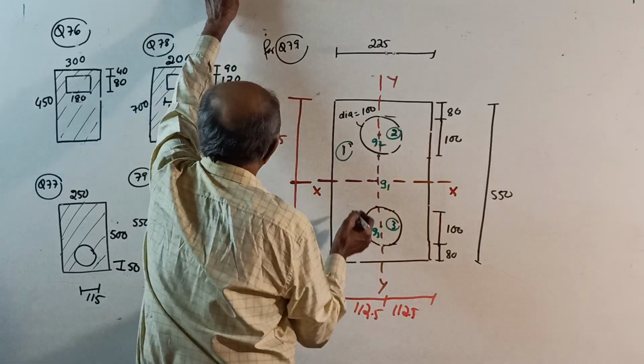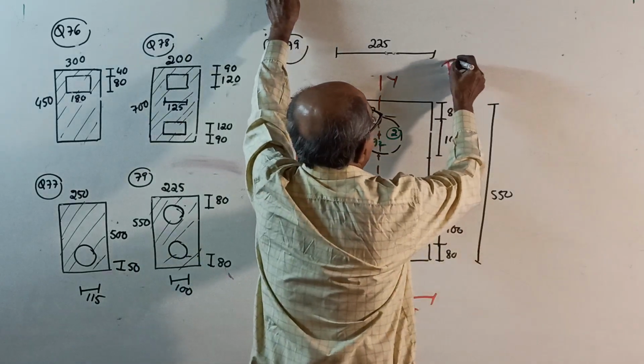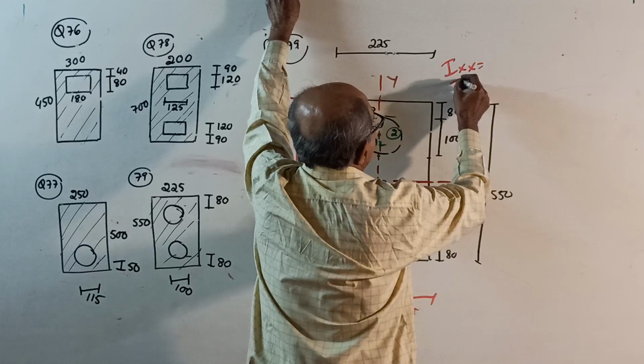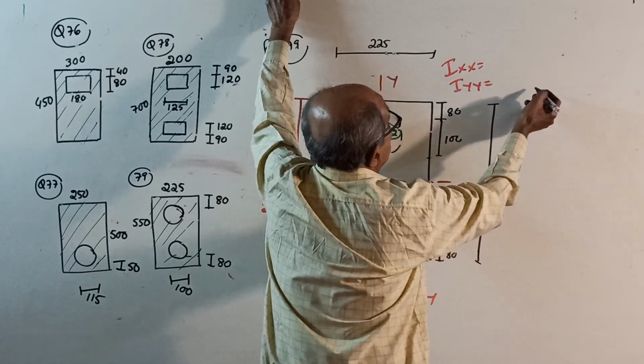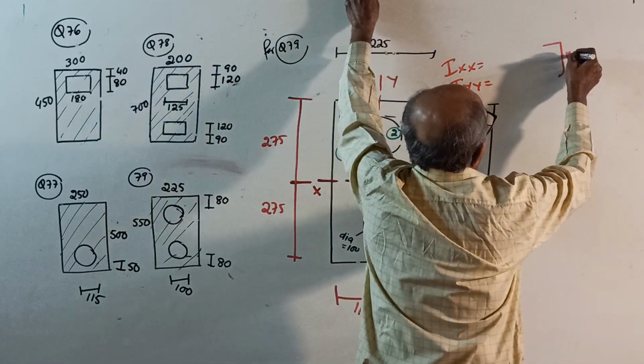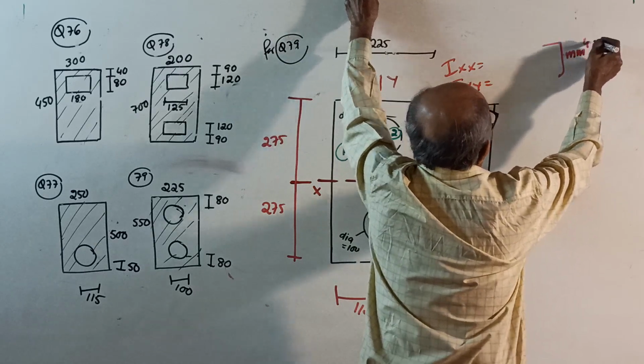Now you require for this question, what is IXX and IYY? Both are in millimeter power 4. Why waste energy?